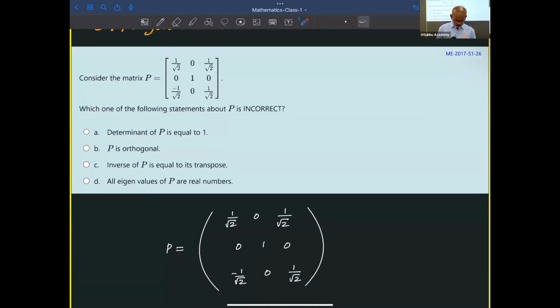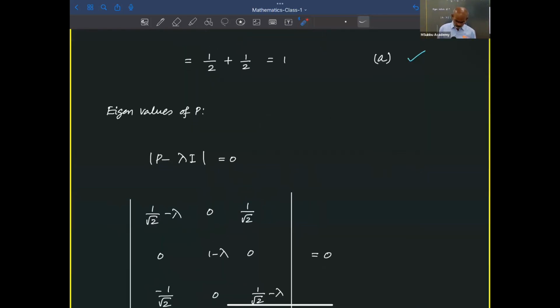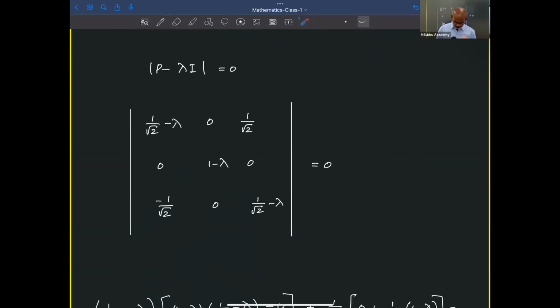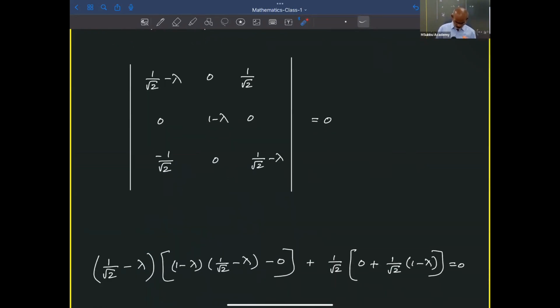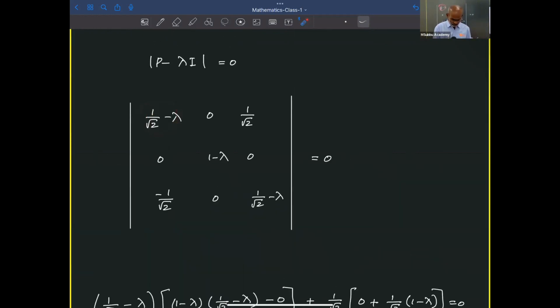So for this eigenvalue, how do you get the eigenvalue? Simply, the matrix minus lambda times I should be equal to 0. So here, of course, a cubic equation is going to come. This multiplied by this and again this. So this is taking the determinant, right?